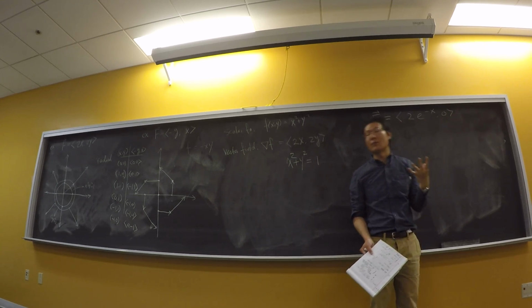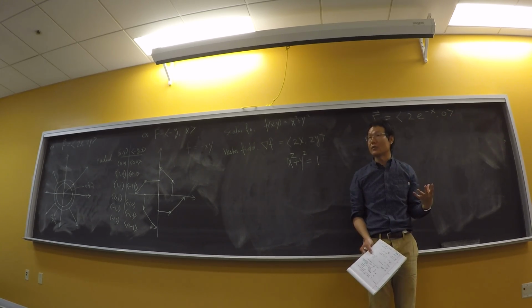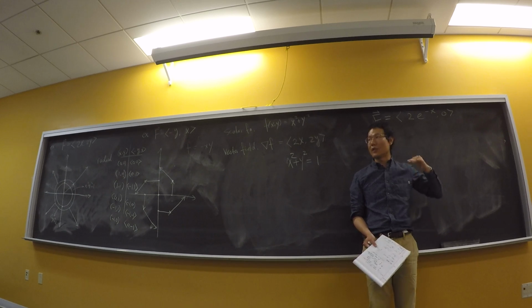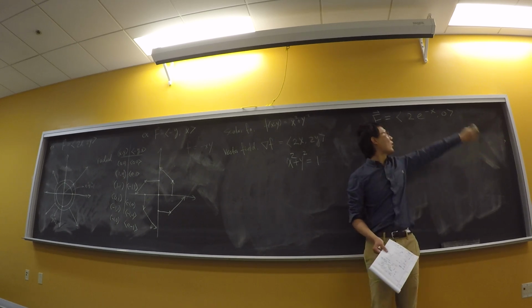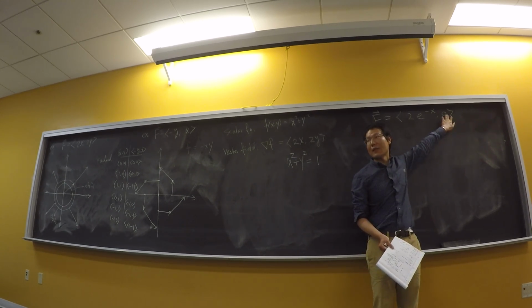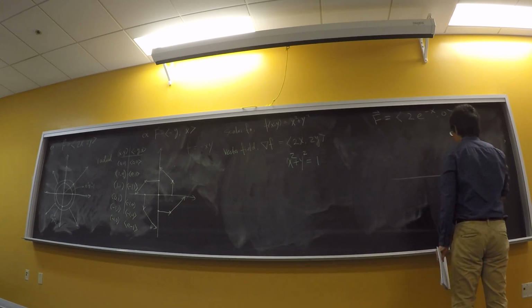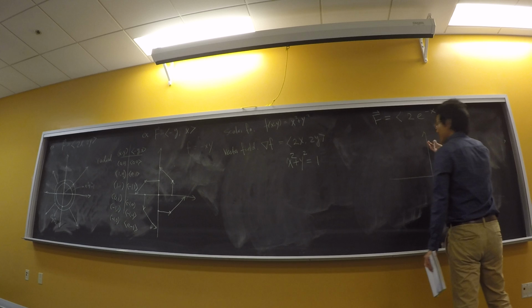So if I want you to have a mental picture of what this vector field should look like, because x component is always positive, then this is always pointing to right. Y is always 0, so you don't have to have any y component. And this vector field should be always pointing to the right direction.